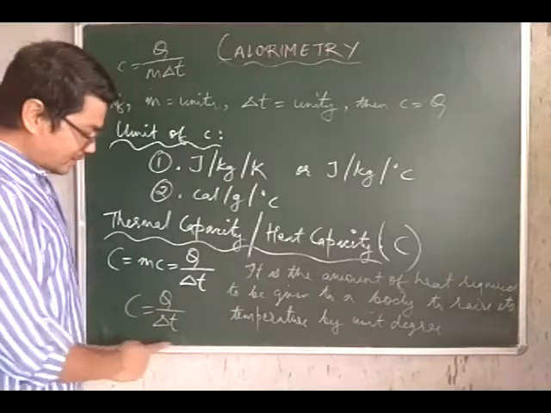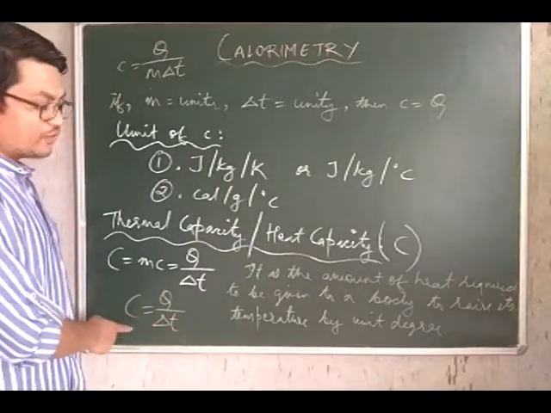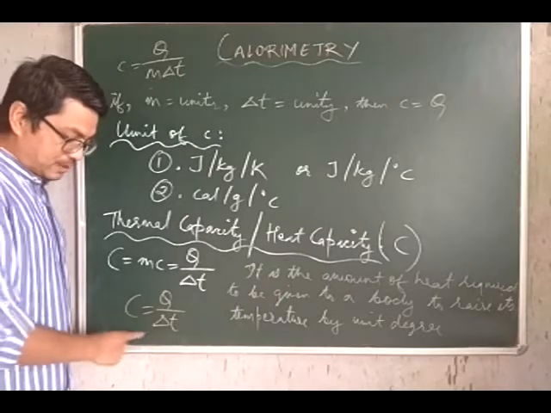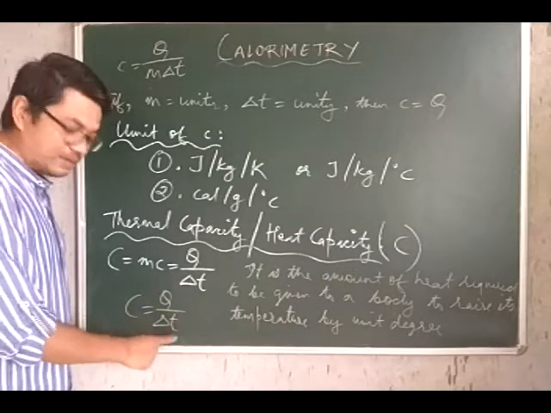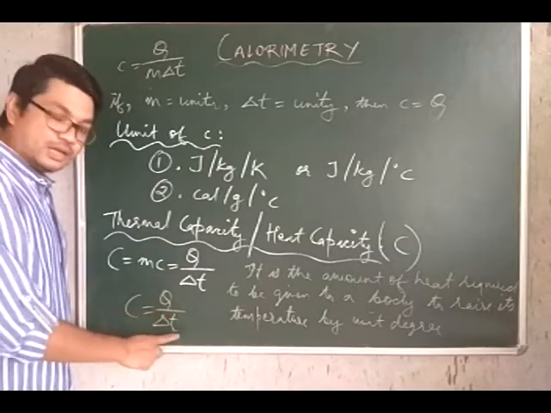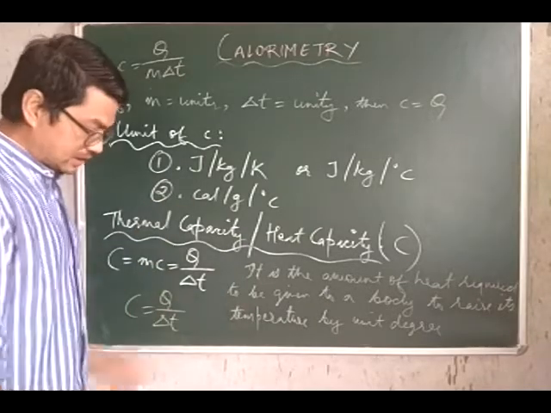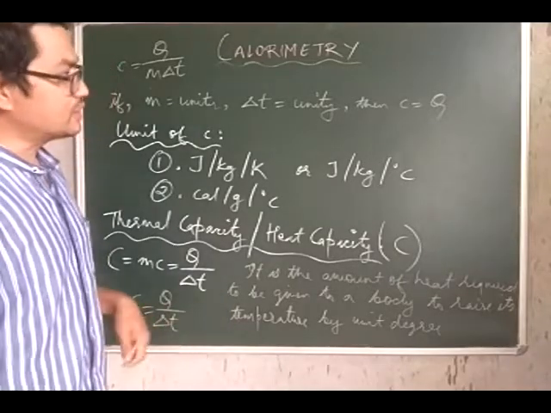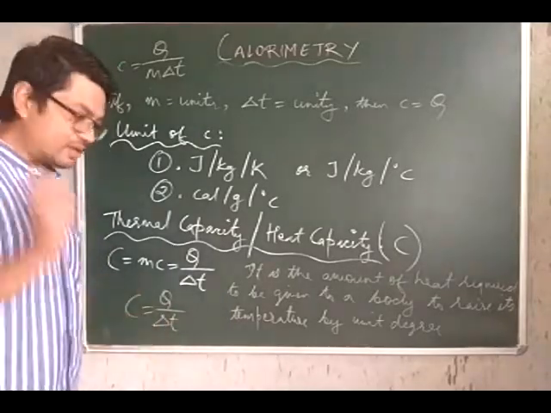Okay, likewise now what we need to do is we need to find the unit for heat capacity. So it will be joule per Kelvin, or joule per degree C also you can write, or the other unit you can write is calorie per degree or calorie per Kelvin. Alright, so that would be the unit for heat capacity, remember.